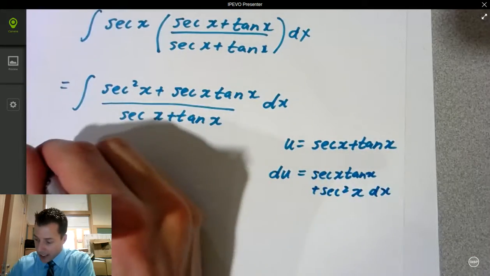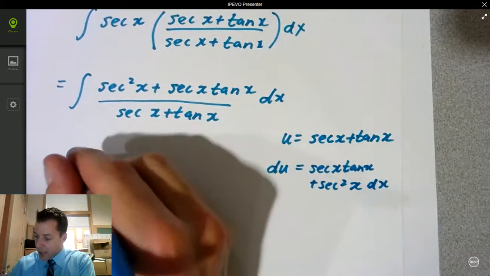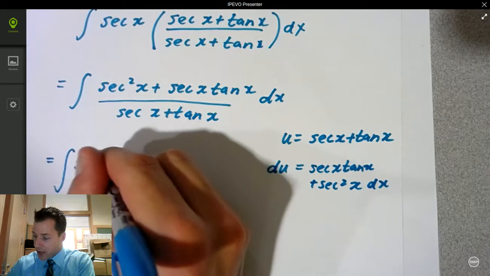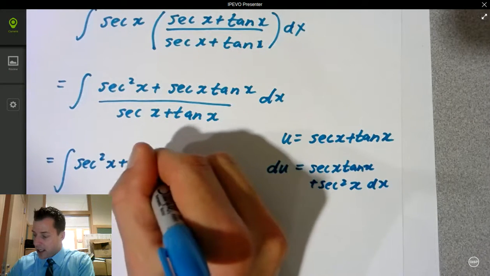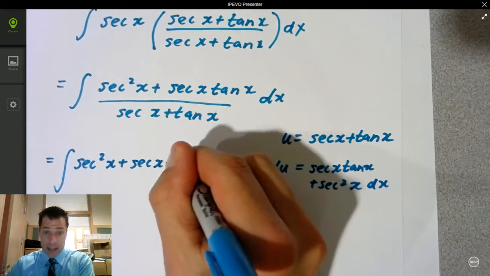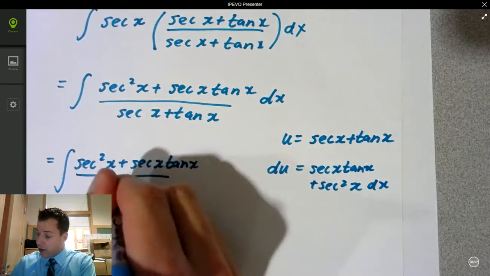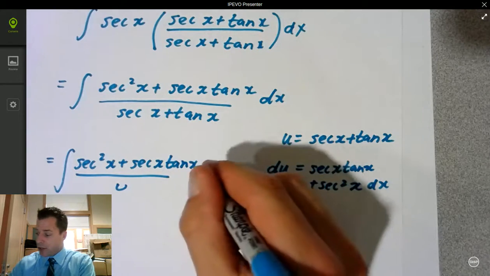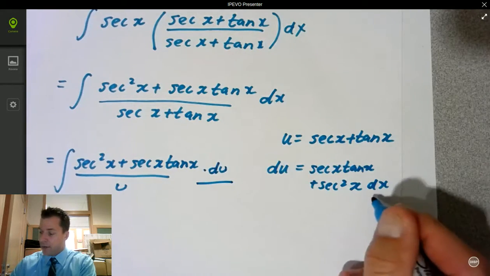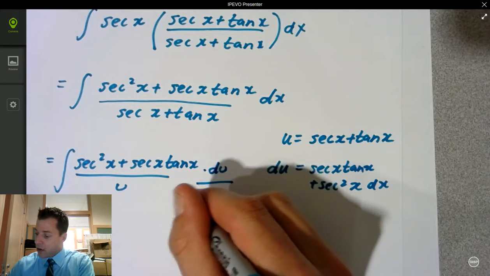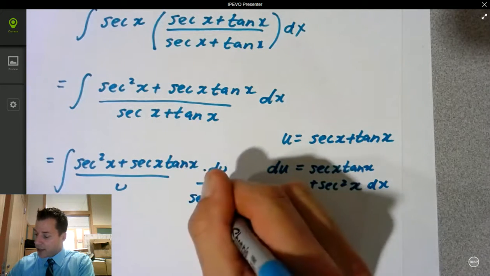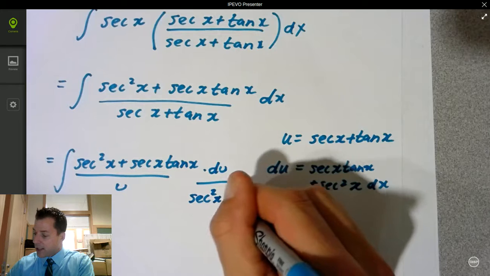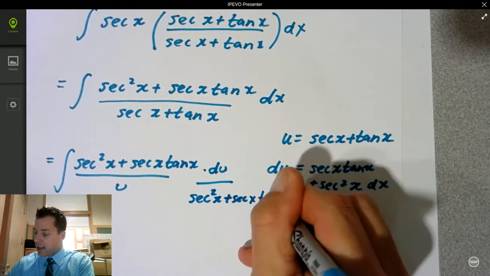So we go back into here, and we have secant squared x plus secant x tan x all over u. And notice what du is. du is equal to that numerator. Remember, if we solve for dx here, we get du over that big mess, secant squared x plus secant x tan x.